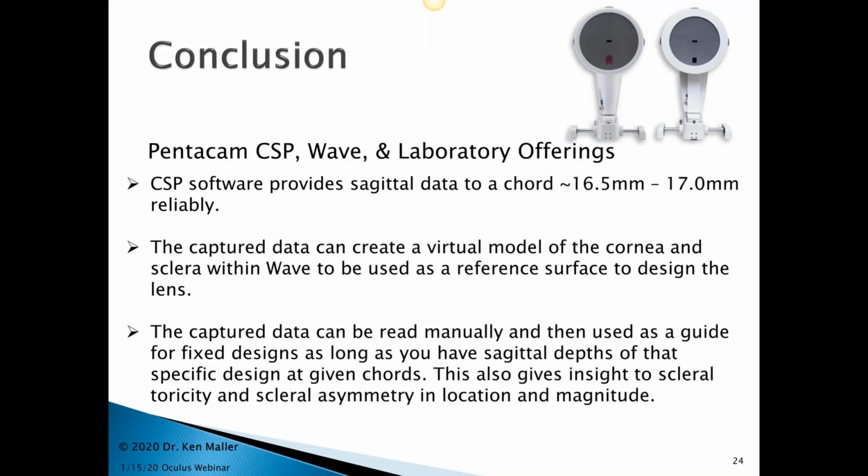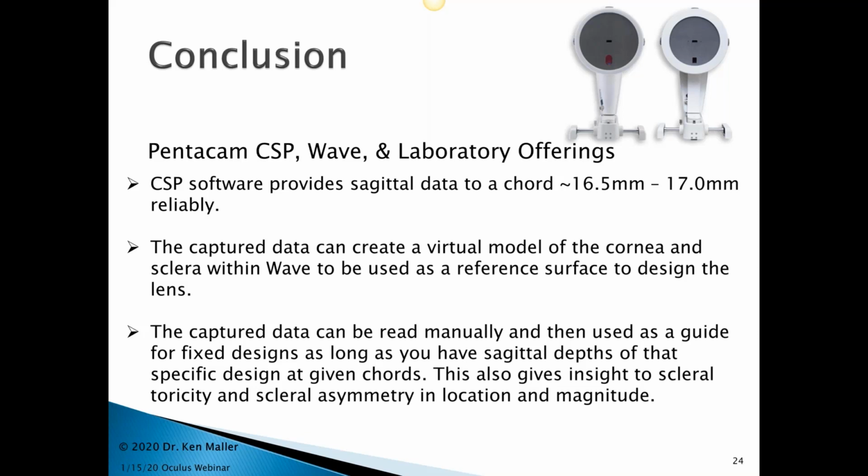So to summarize what we talked about today about both the CSP software and the WAVE software: the CSP software provides sagittal data out to consistently about a 16.5 to 17 millimeter chord. Sometimes I can get a little bit larger, but sometimes it's even tough to get out to the 17.